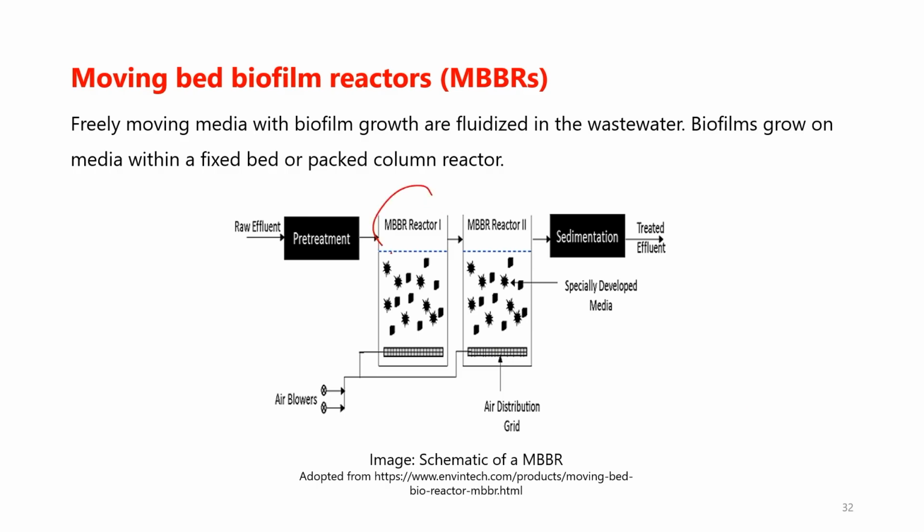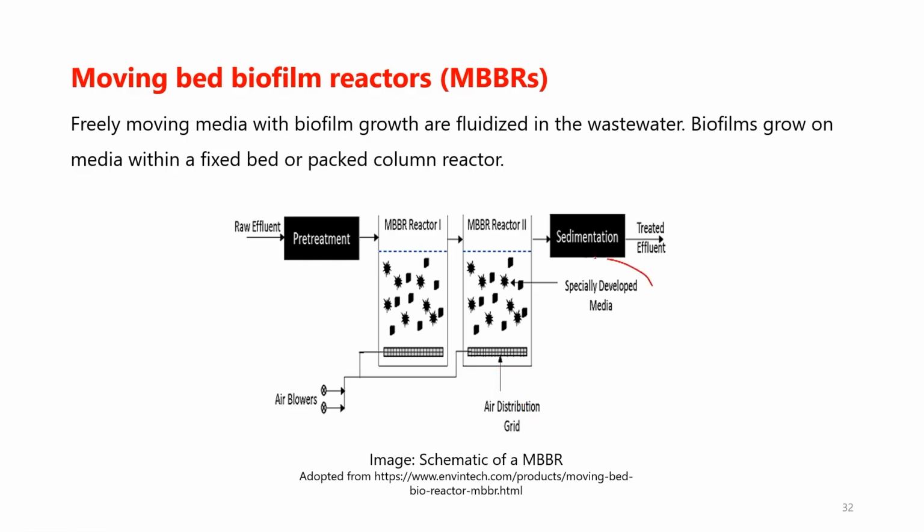Basically, you have a reactor 1 and a reactor 2. So, in reactor 1 we introduce the raw effluent for pre-treatment, and then we have the air blowers for aeration from below. Then in reactor number 2 we have the sedimentation, and there also we have this air distribution grid.